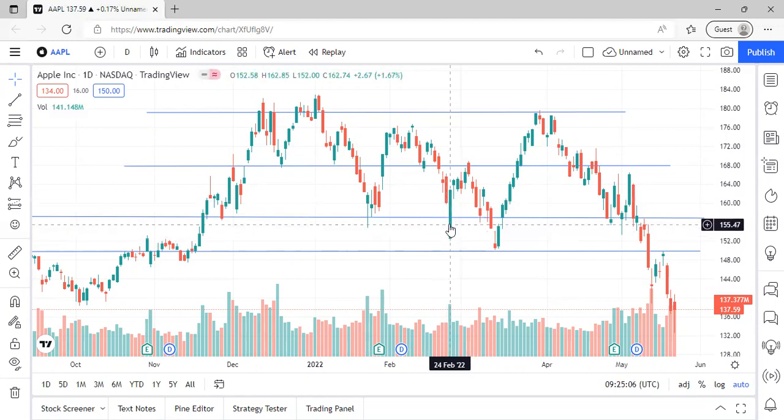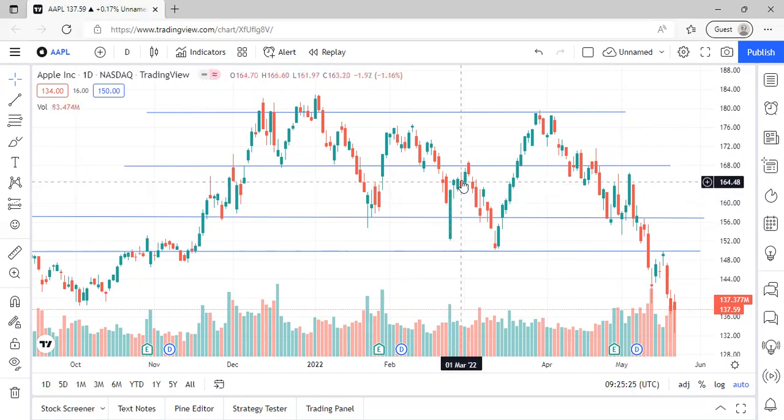For example, in this particular candlestick on the 24th of February, it experienced a tremendous jump in price. With the opening at 152, it ended up at 162. So a very good profit that you can read from here.